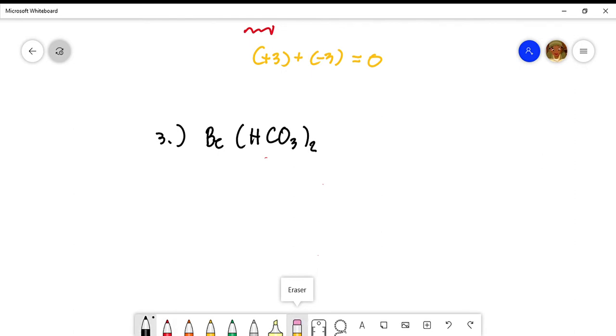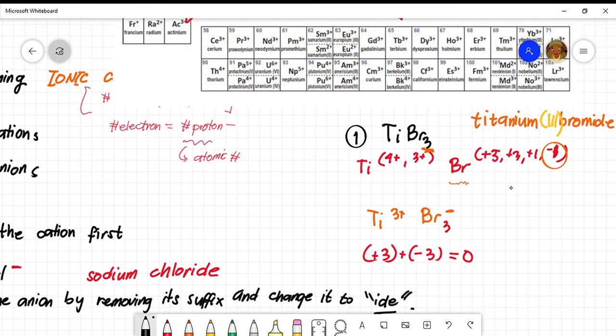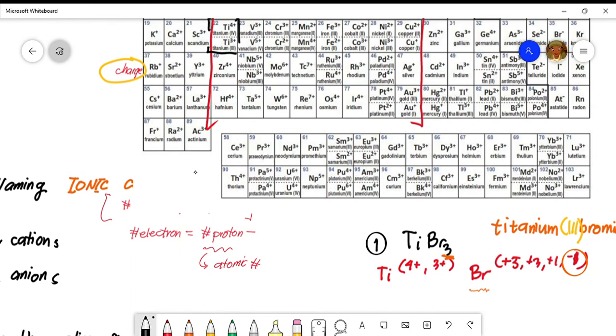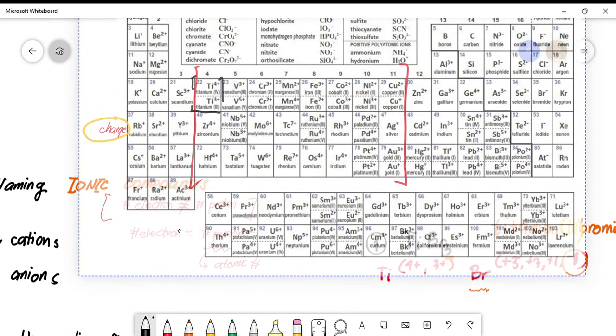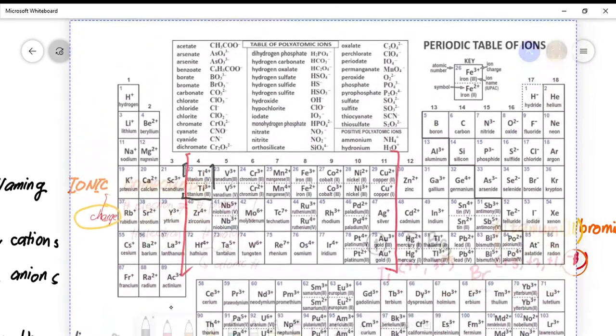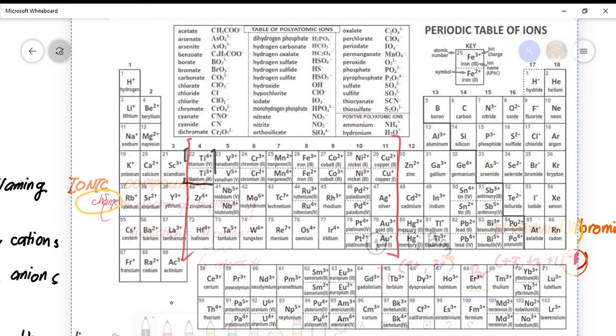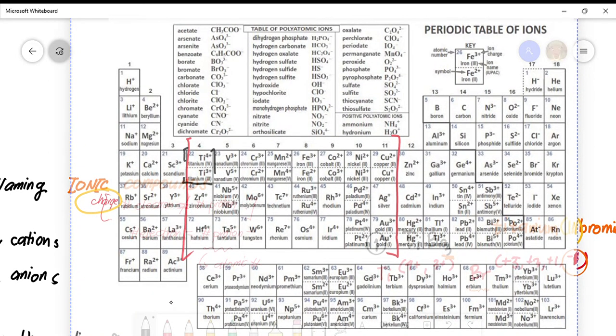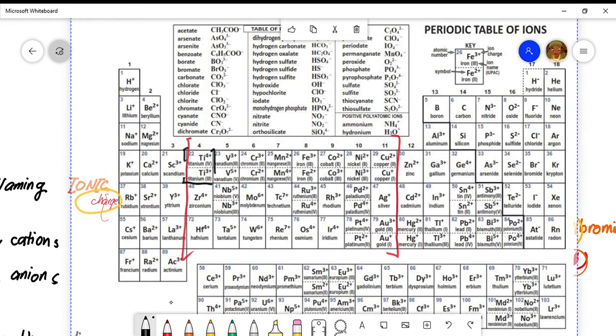So beryllium has a, let's check the charge for beryllium. I think it's positive 2. Yes, it has a positive 2 charge.